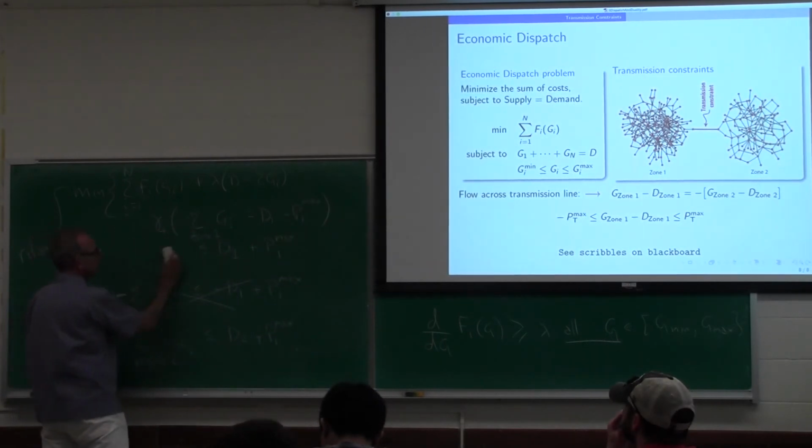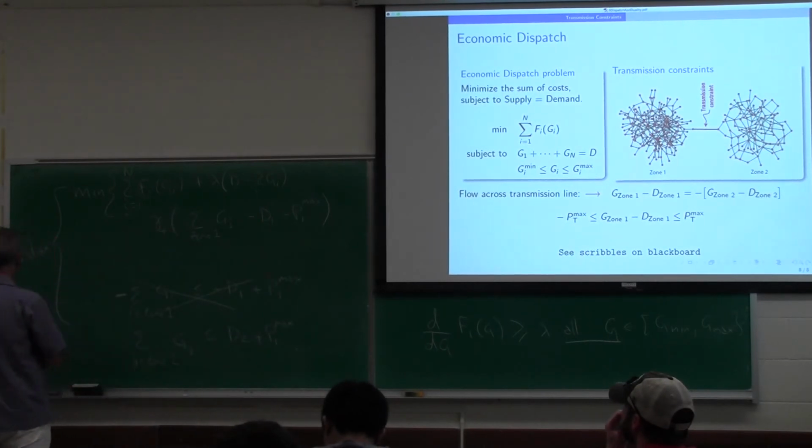So I get rid of that constraint, and I put in with relaxation, where this gamma plus is going to be greater or equal to 0.